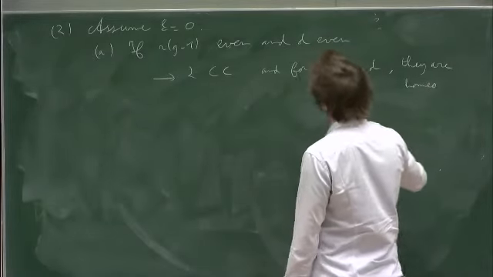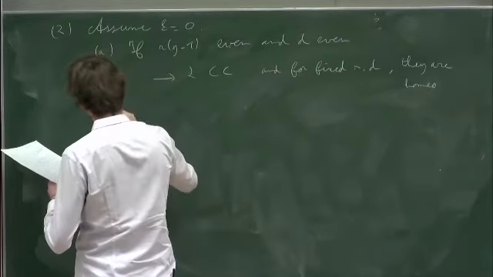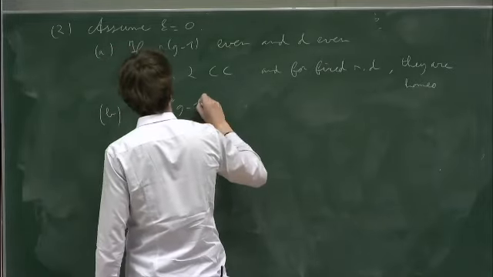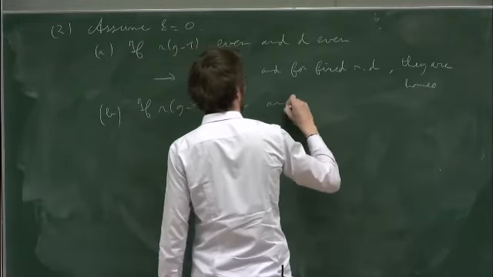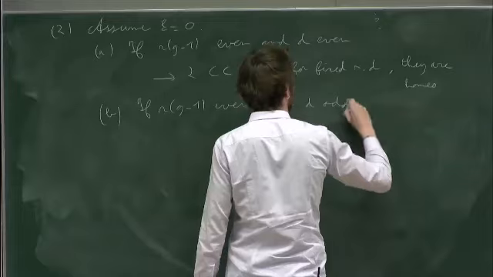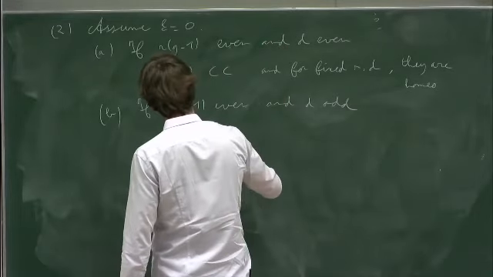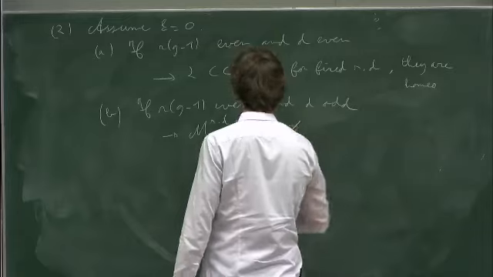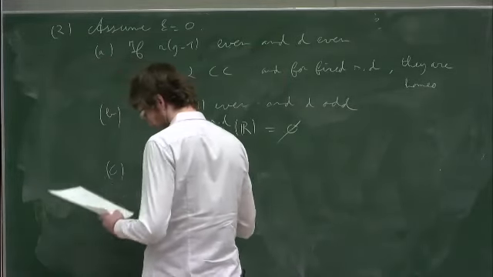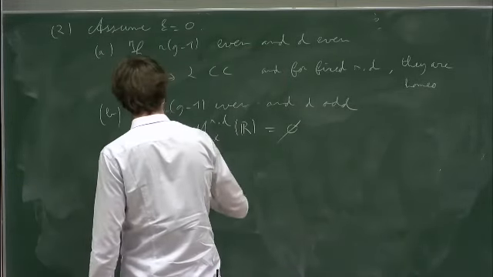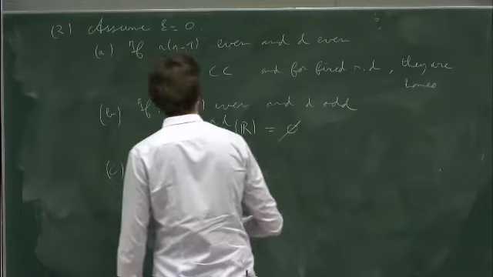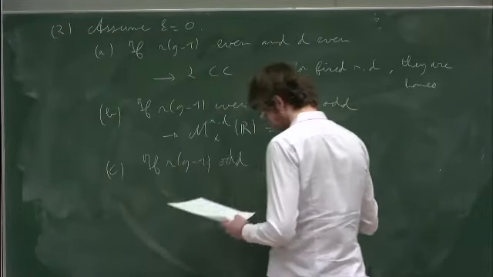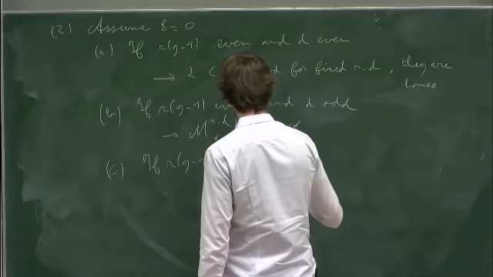Oh, I forgot to say something up there. Then here, if this is even and D is odd, then the set of real points is actually empty. And then if R(g minus 1) is odd, well, we get one connected component.